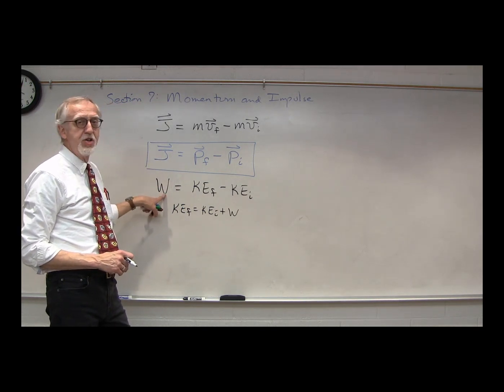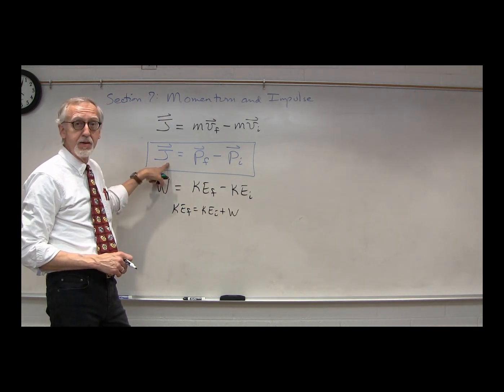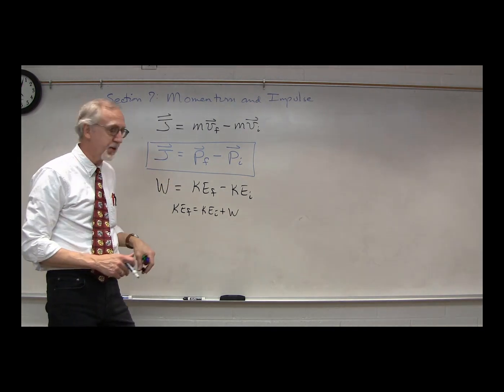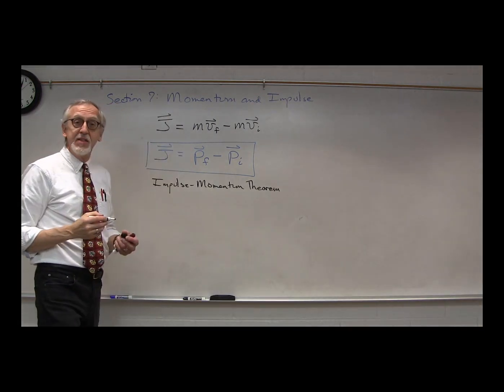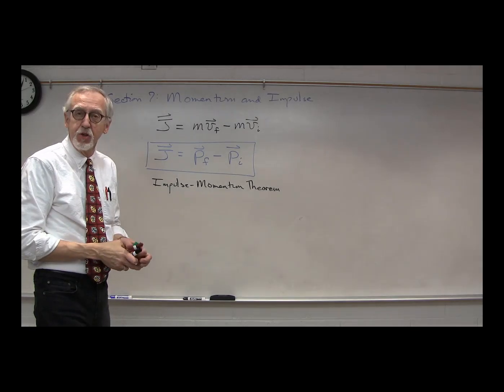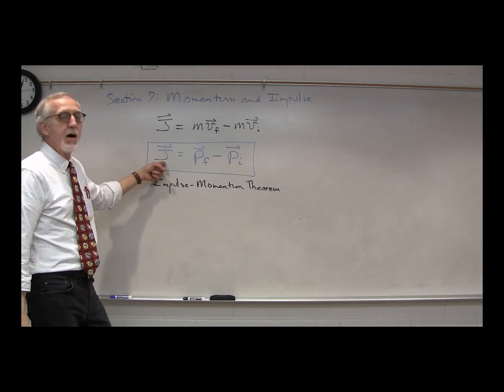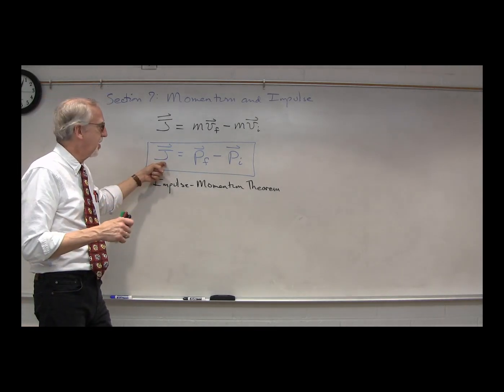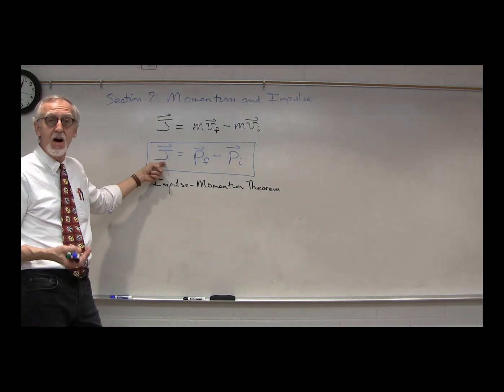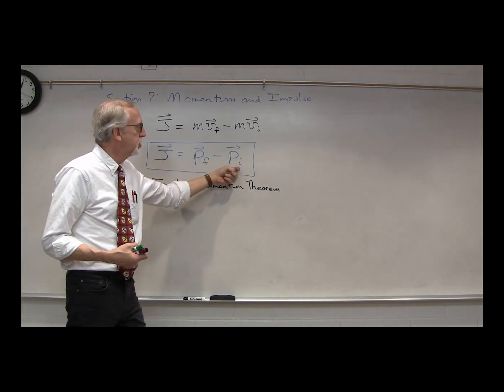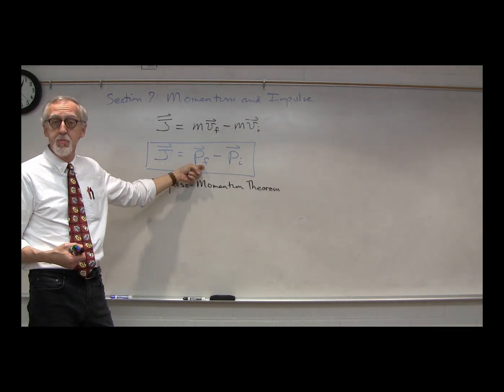Well, if this is the work energy theorem, what do you think this might be? Well, this is the impulse momentum theorem. What is this telling us? Something very similar to the work energy theorem: that if we apply an impulse on an object, that impulse goes into changing the object's momentum.